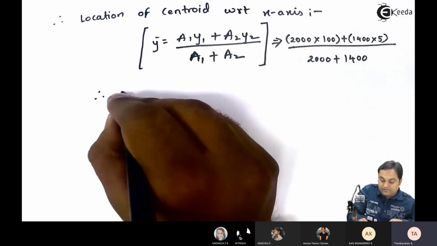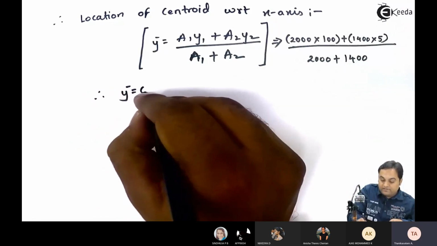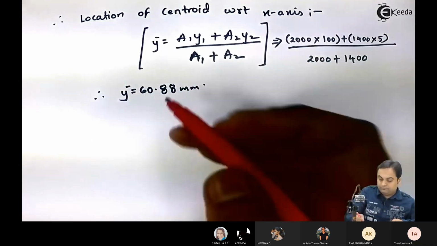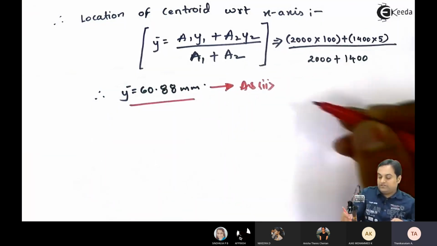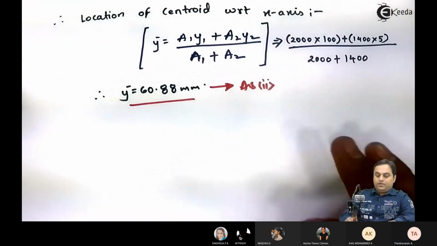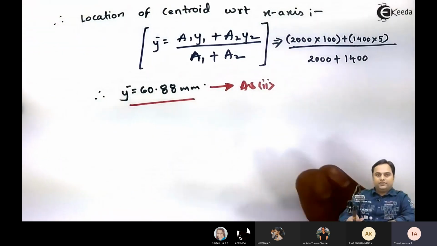From this we will get the value of y bar. y bar is 60.88 mm. The second answer.